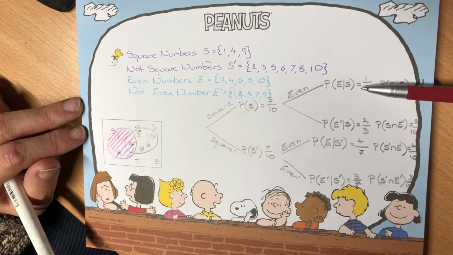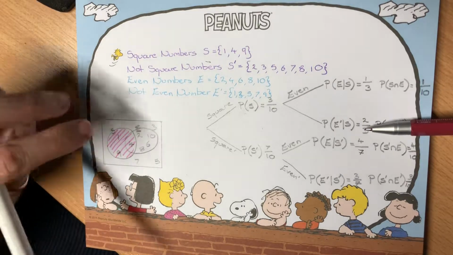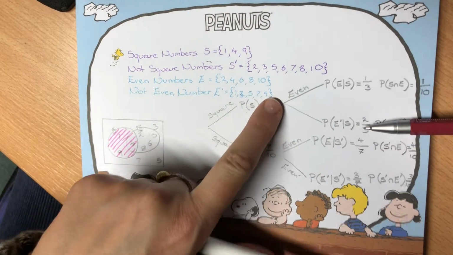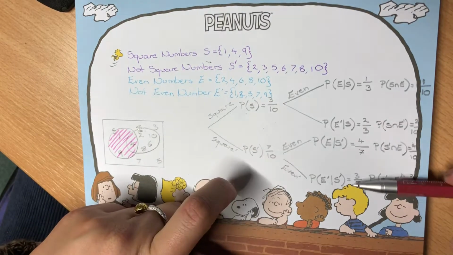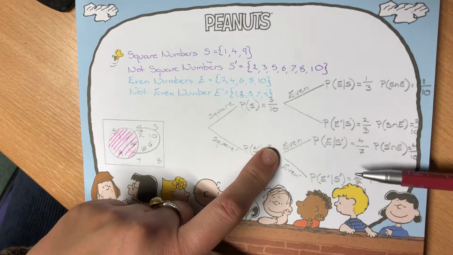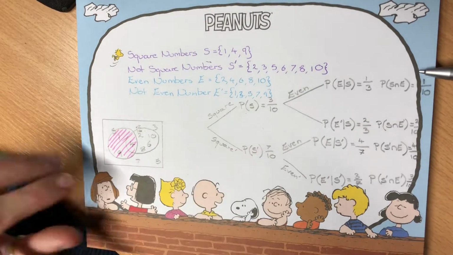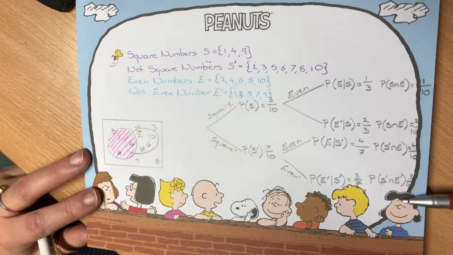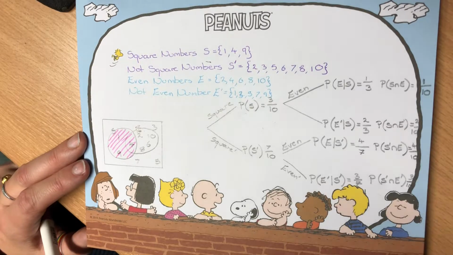These two here will also add to 1, because at this point we're only looking at squared things, so things are either even or not even. These two here will also add to 1, because if we're looking at the not square things, it'll either be even or not even.